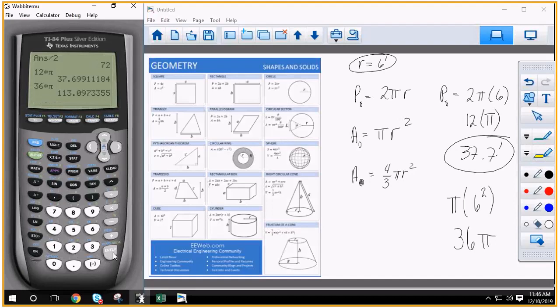So if I wanted to paint the circle, or put seed in the circle of my dog fence, then I would get enough paint or grass seed to do 113.10 square feet.